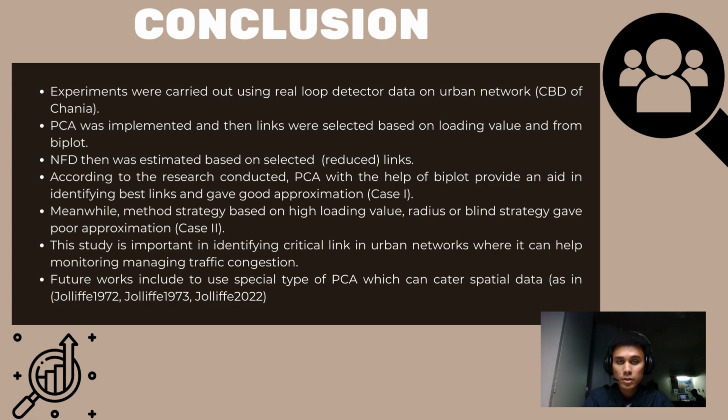According to the research conducted, PCA with the help of B-plot provided an aid in identifying best links and gave good approximation, case 1. Meanwhile, method strategy based on high loading value, radius or blind strategy gave poor approximation, case 2. This study is important in identifying critical links in urban network where it can help monitoring and managing traffic congestion.